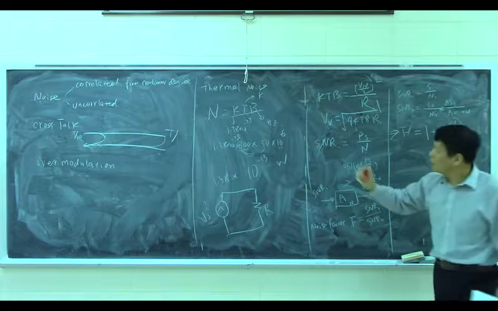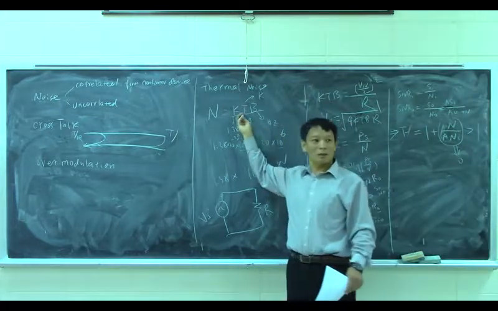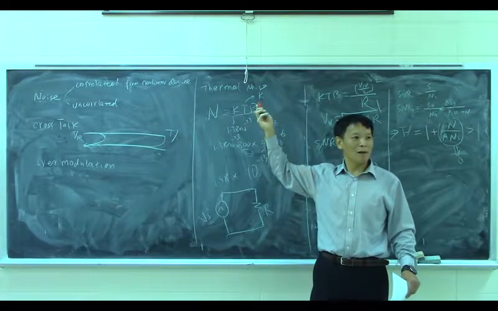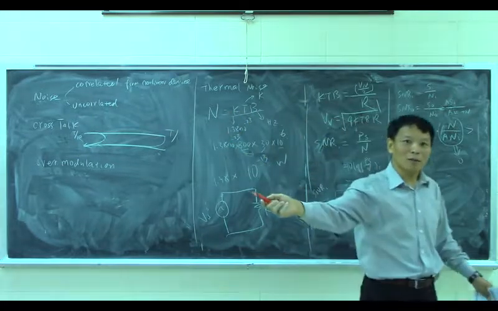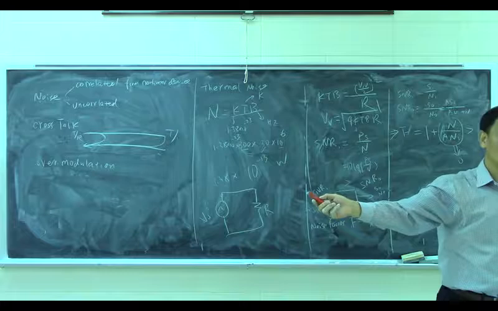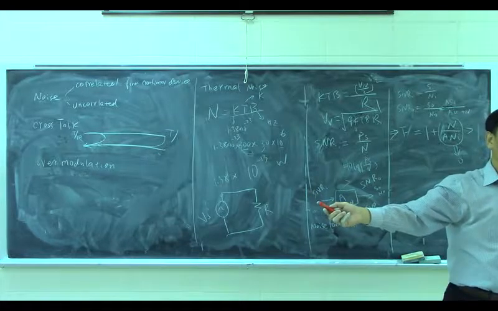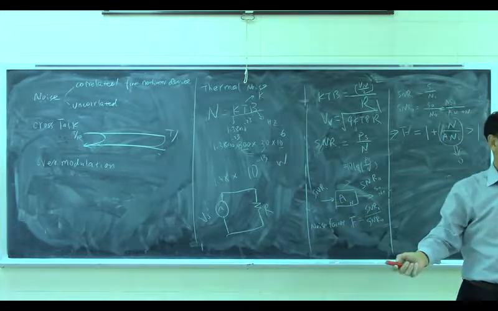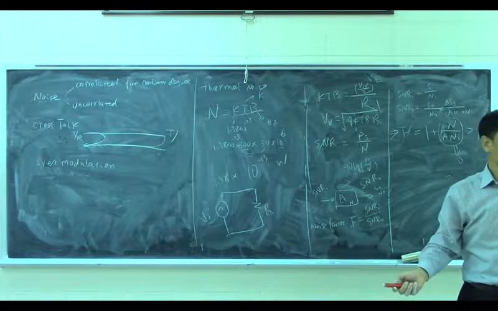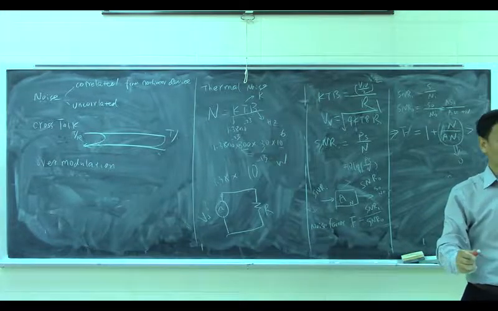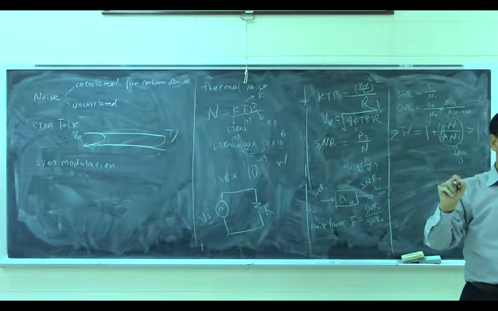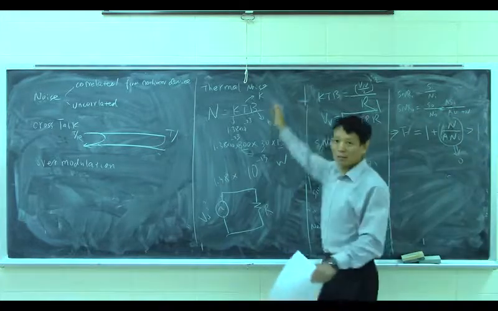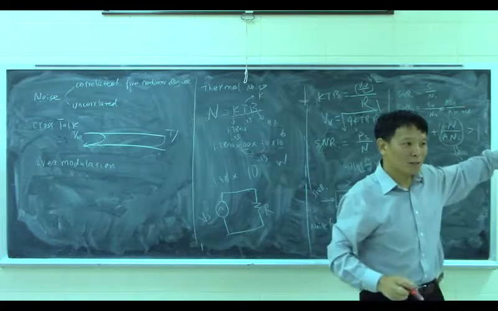Except if you want to make this T equal to 0, then the noise equals 0. How can you make T equal to 0? Super cold, super chill. Where? Liquid nitrogen, that is negative 200-something degrees Celsius, close to 0 kelvin, but still not equal to 0. You may want to move your communication system to outer space.